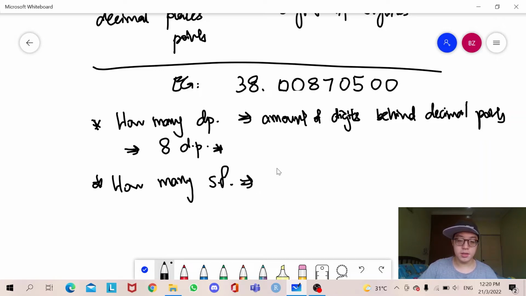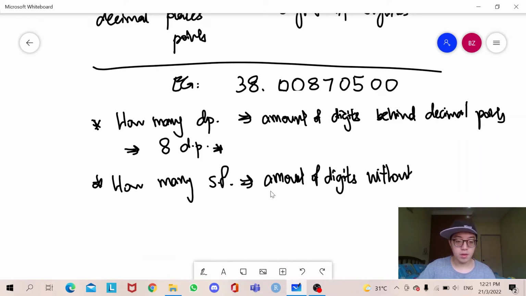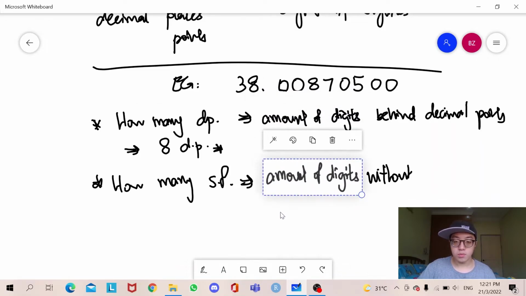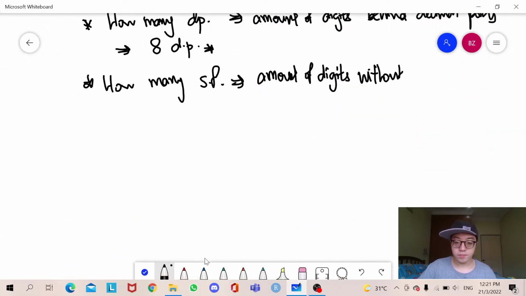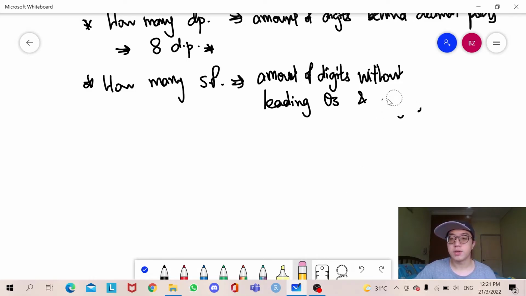Significant figures is the amount of digits of the whole thing without leading zeros and trailing zeros.